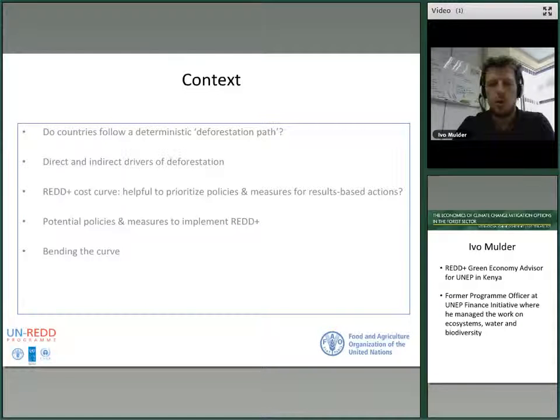Then I'll focus on a number of direct and indirect drivers of deforestation. I think especially the direct drivers may be known to many of you, but some of the indirect drivers may not be. Then a short explanation about a potential way for countries to rank or to prioritize what types of policies and measures they want to implement in their own country, and a concluding section as well.